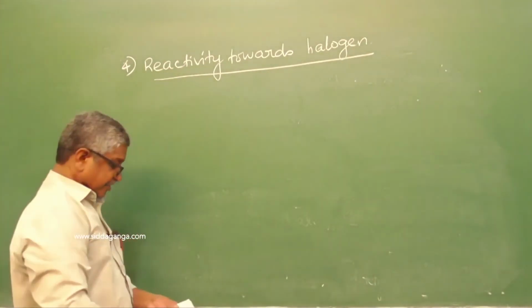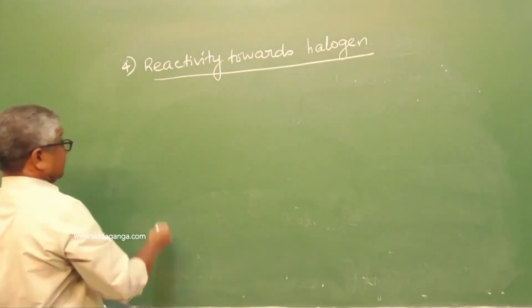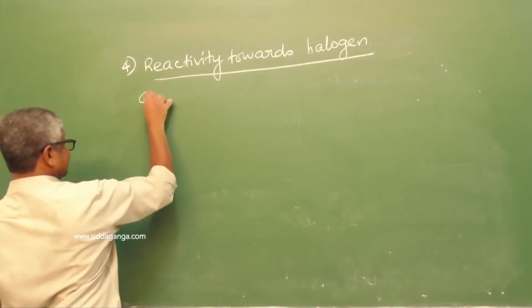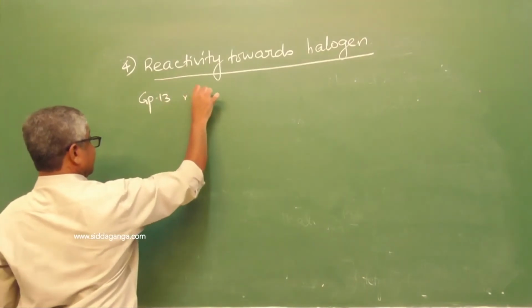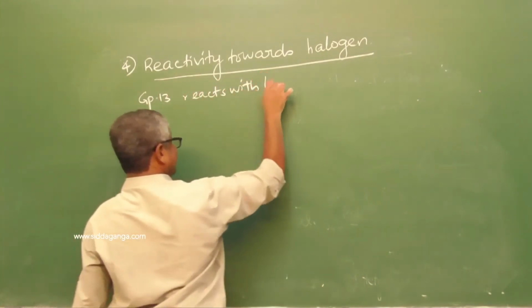Reactivity towards halogens. Group 13 elements react with halogens.